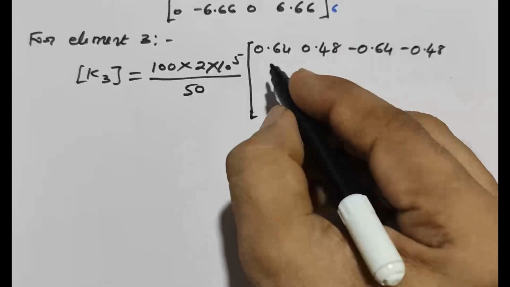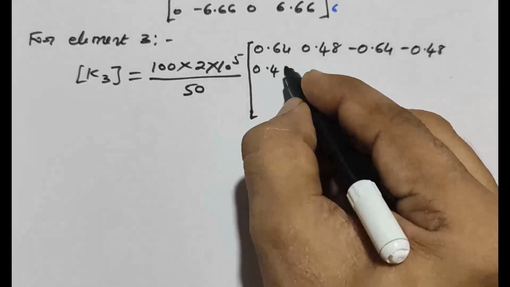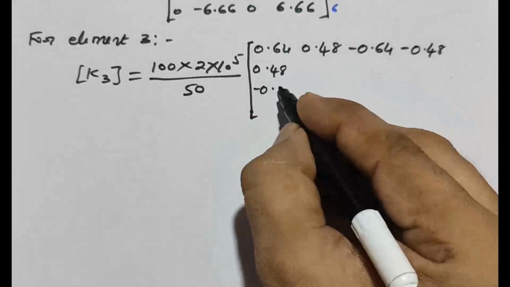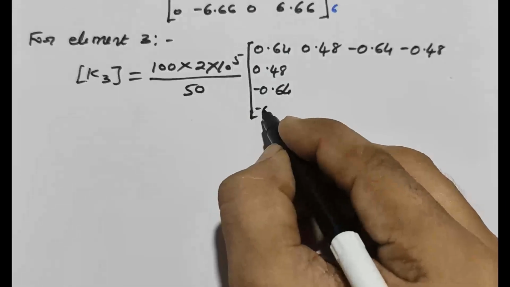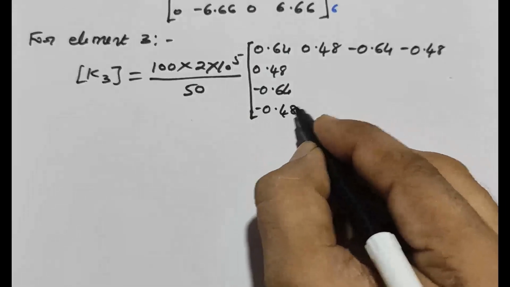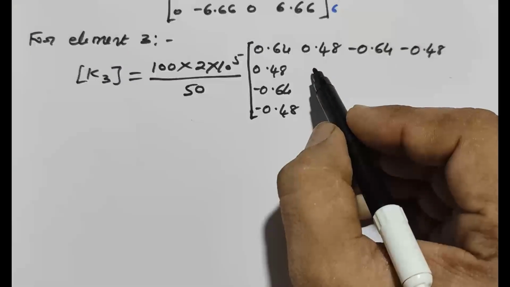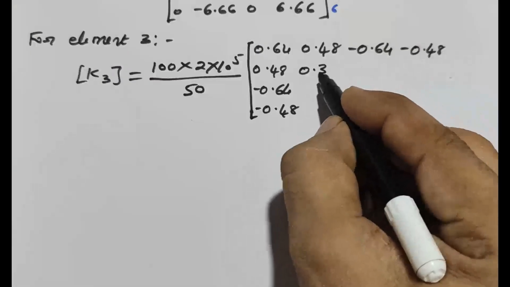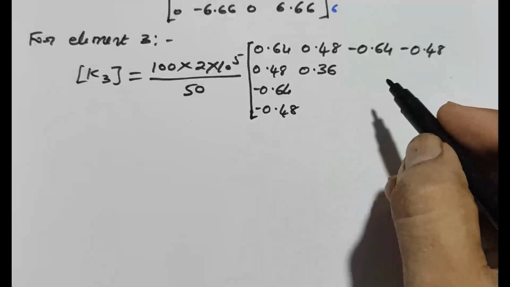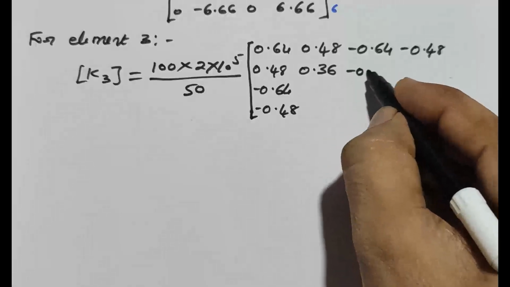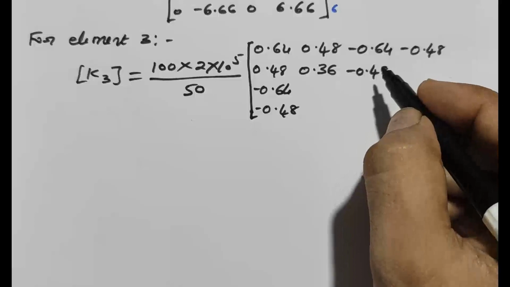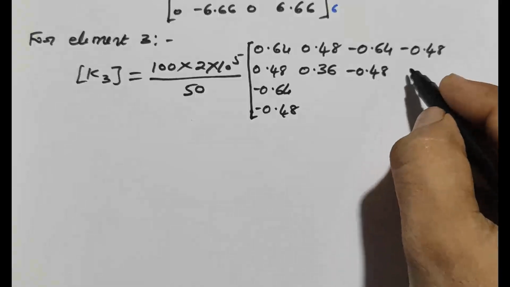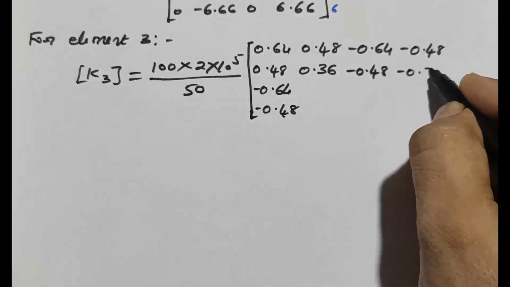Due to symmetry, I can write here 0.48, minus 0.64, minus 0.48. Next, we want M square. M square is 0.36. Next, minus LM is minus 0.48, minus M square is minus 0.36.